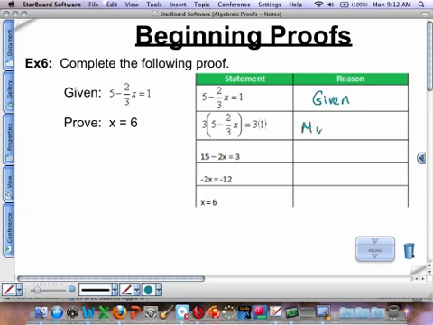Multiplication. And a lot of times, guys, I will just accept a little bit of abbreviation from there. That is good enough for me. The fact that you know to multiply, we're good. All right, Alexis, what about the next one? Yeah, it's the distributive property.